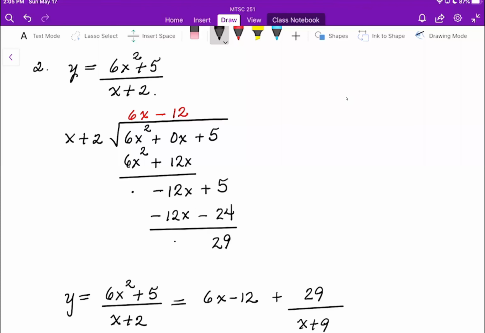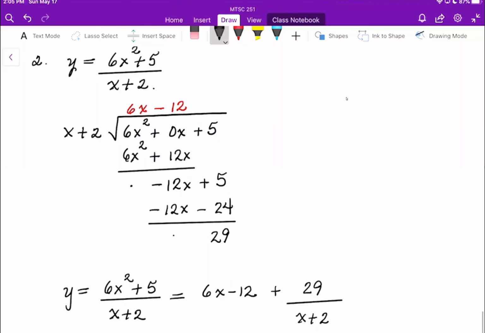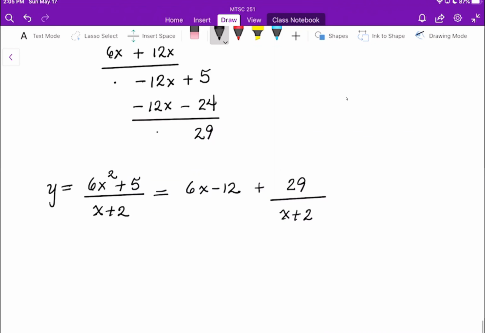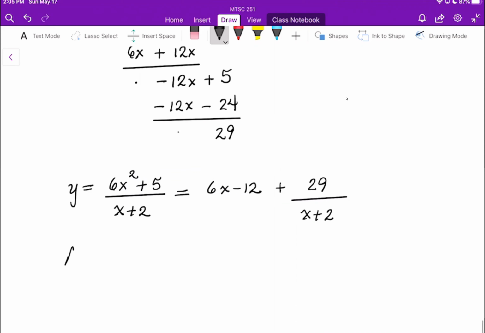Now we already know this is an oblique asymptote. So we can now say that as x goes to infinity, the term 29 over x plus 2 goes to 0.